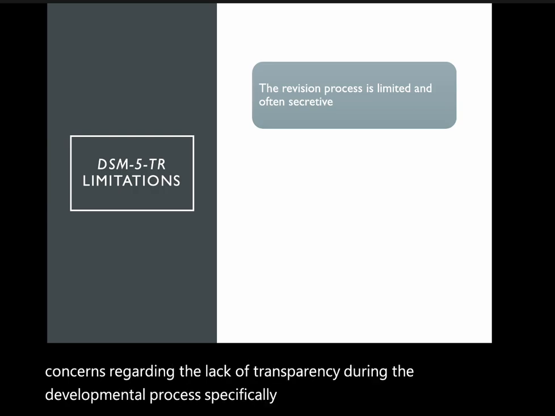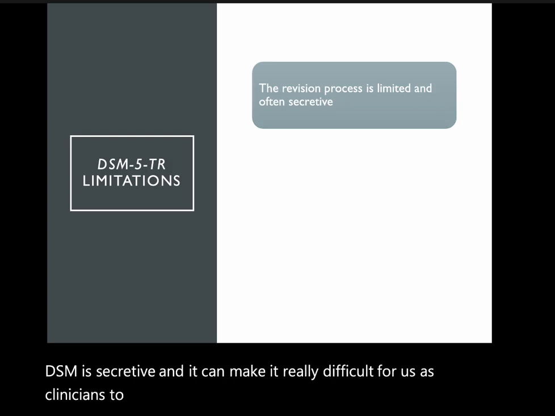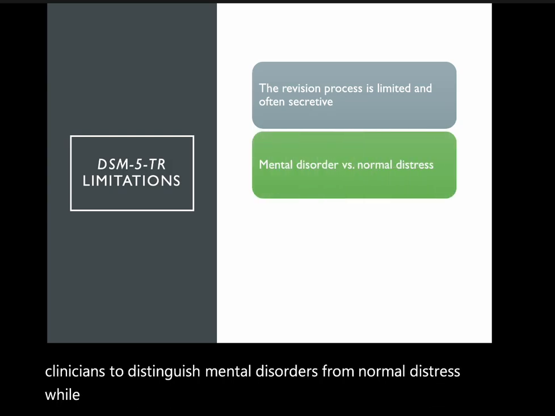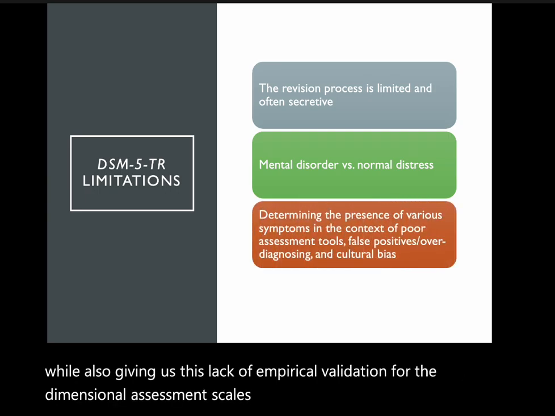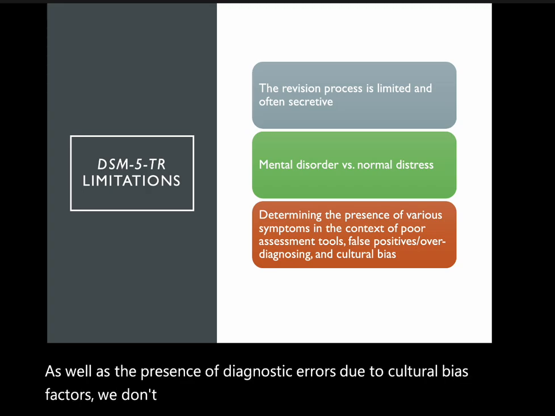Specifically, the way that they develop the DSM is secretive, and it can make it really difficult for us as clinicians to distinguish mental disorders from normal distress, while also giving us this lack of empirical validation for the dimensional assessment scales, as well as the presence of diagnostic errors due to cultural bias factors. We don't have great methods of diagnosing right now that don't account for these things.